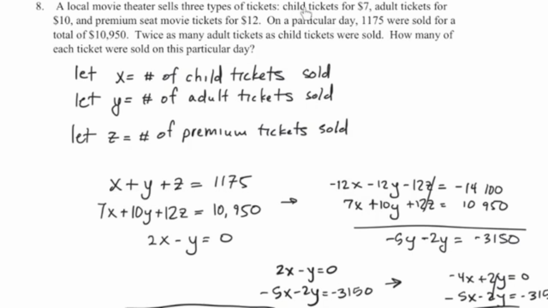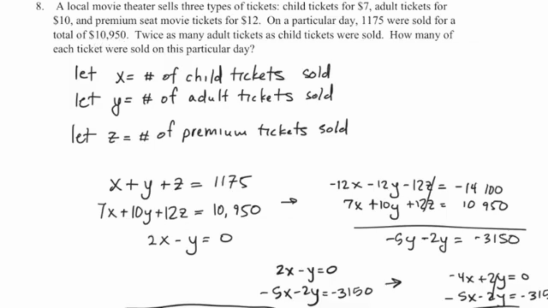The next bit of information I chose was the cost of each type: $7 for the child, $10 for the adult, and the premium seats were $12 apiece. The total brought in for that day was $10,950.